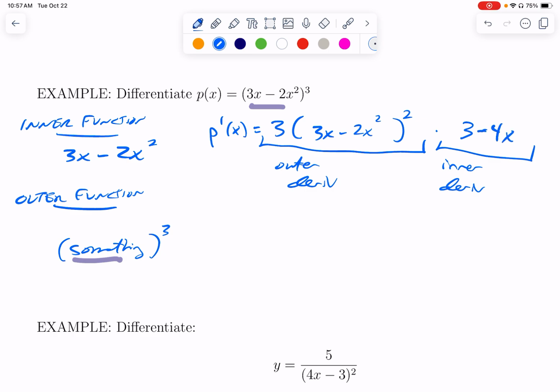And I have just made a mistake that people make a lot. Technically, this answer is wrong. It needs to be entire outer derivative times entire inner derivative. So make sure that both of them are in grouping symbols if you need them. Here we absolutely need these, otherwise only the 3 is multiplying the first part.